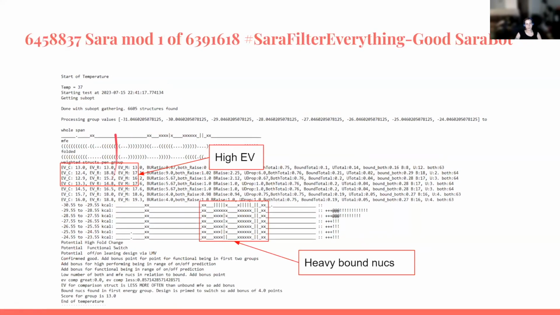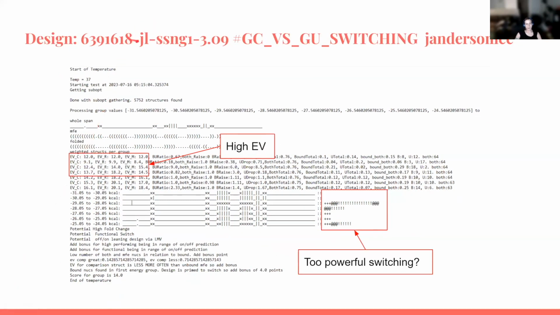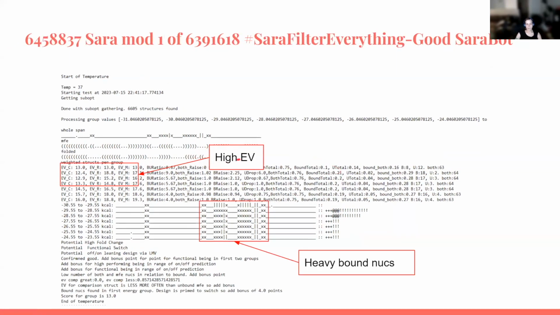This was Janison Lee's design. And then Sarah, same thing, high EV. And if you look here, it's a heavy amount of bound nukes, just a lot, and this is extremely strong, and it's a 13.